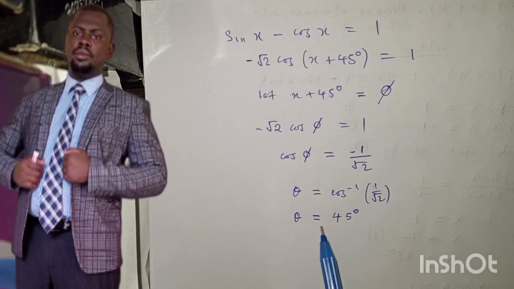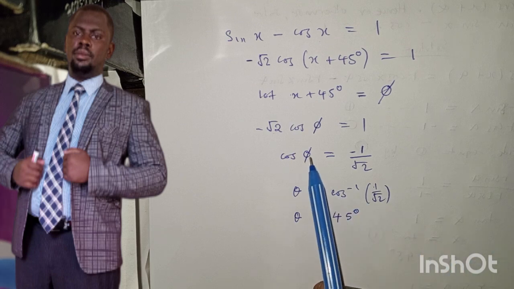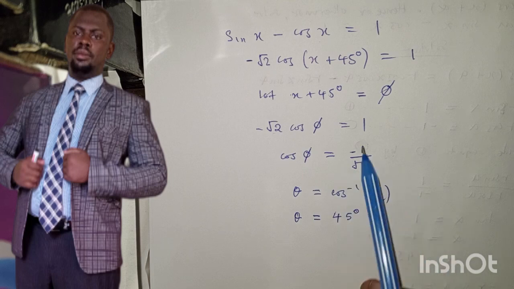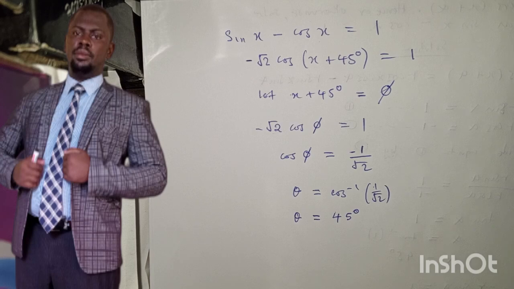Now this theta is not part of the solution set, because we need to find the values of phi where cos is negative. So cos is negative in the second quadrant and third quadrant.